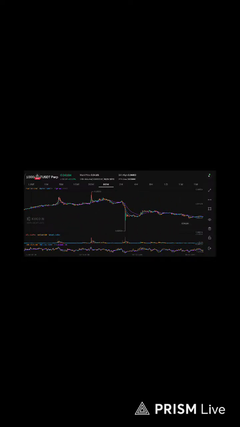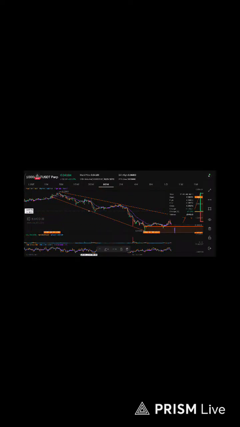Market is coming down. It's testing. Once the market breaks 0.03 resistance, 0.03 support, we'll look for a short position from there.